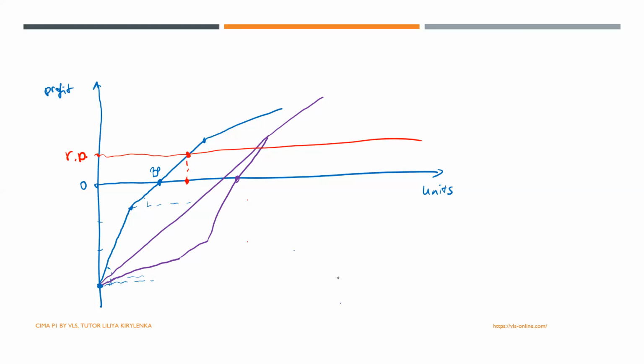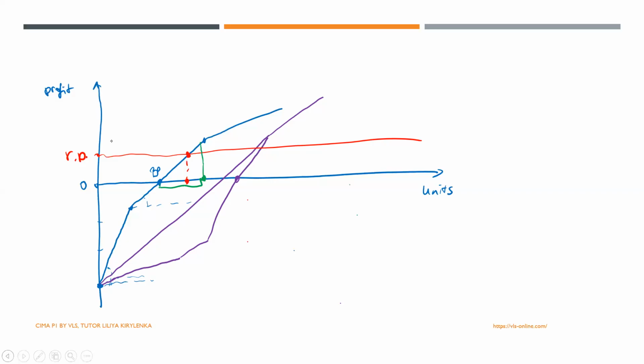And also it may as well be that we sell even more units than we need to get the required profit. And in this case, if we sell even more units, this would mean that we have high margin of safety in terms of units and in terms of dollar value in here.